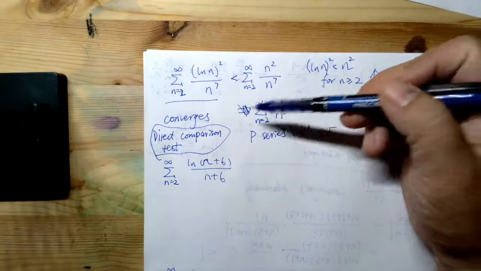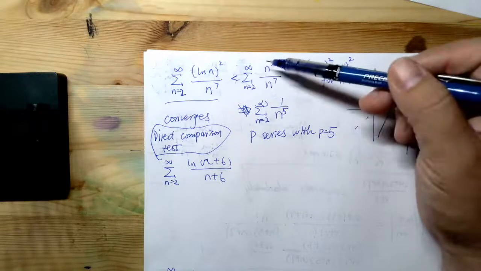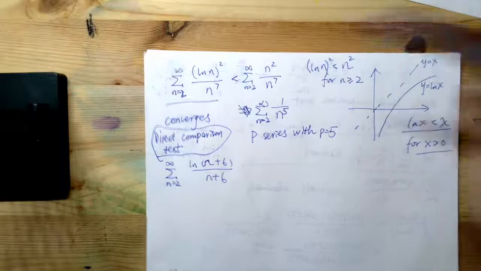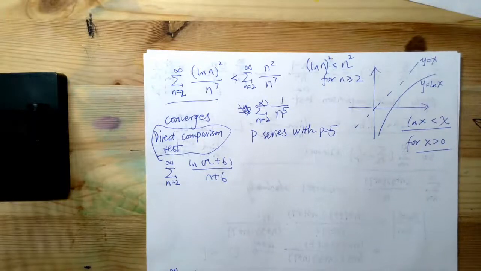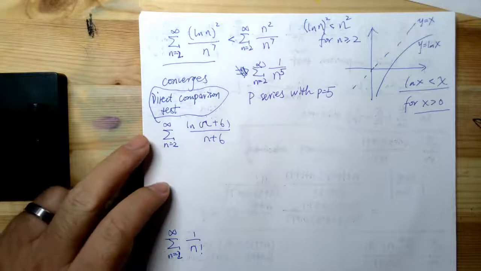The central idea is to use the direct comparison test with a convergent p series as the comparing series. Okay, so this is one example.